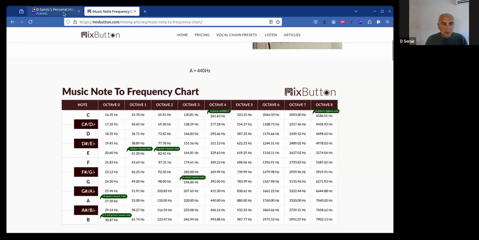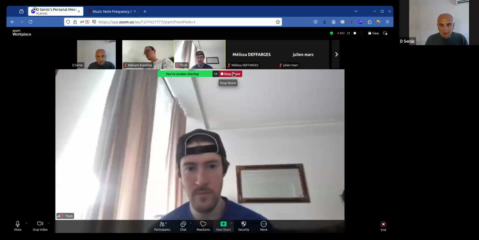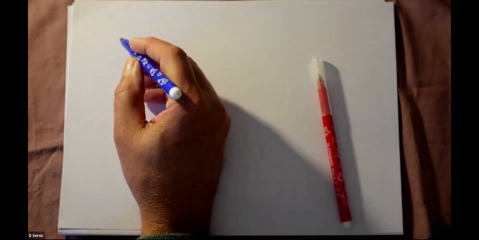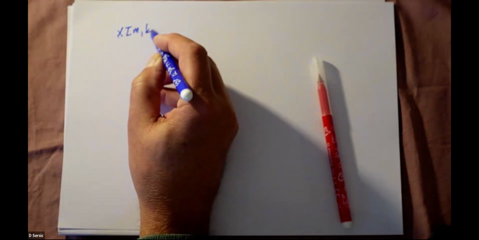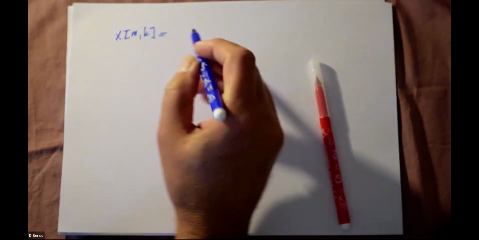So I will just stop sharing for a moment and change the camera. So if we recall how it looks, the discrete wavelet transform was given with something like this.